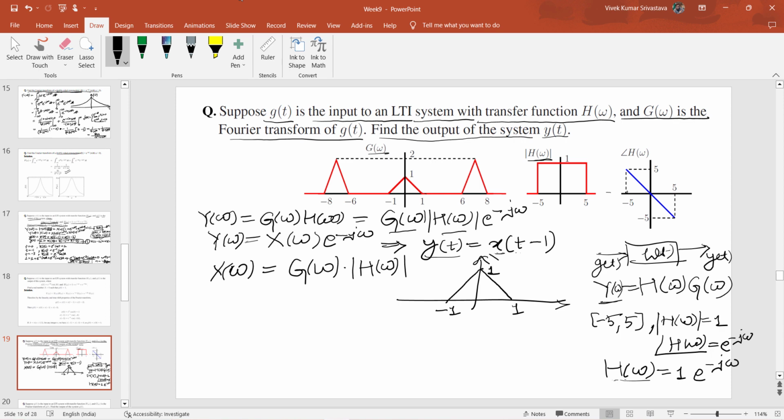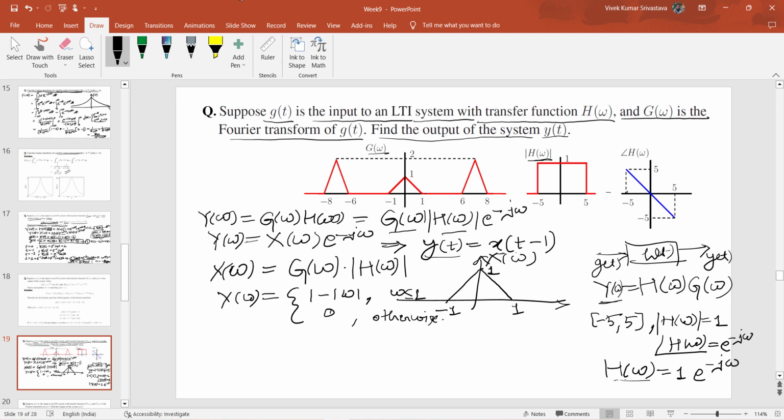This is nothing but x of omega. Mathematically this can be written as 1 minus mod of omega when mod of omega is less than or equal to 1, and 0 otherwise. So we can represent x of omega by this expression.